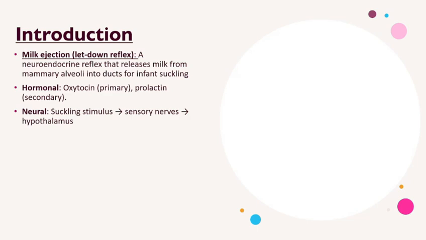First, the stimulus comes from the infant suckling, which sends the stimulus to the sensory nerves, and the sensory nerves send those stimuli to the hypothalamus, and then the hypothalamus synthesizes oxytocin for further activities of this reflex. Next, we see the mammary gland structure.